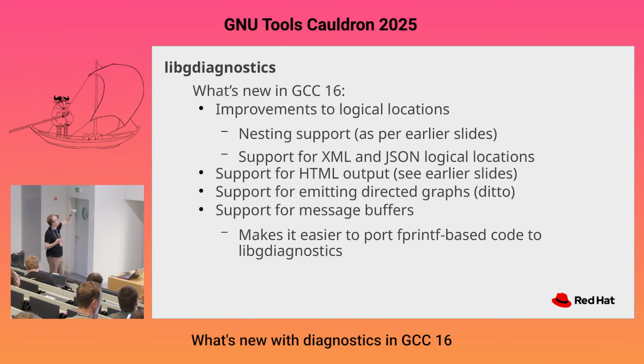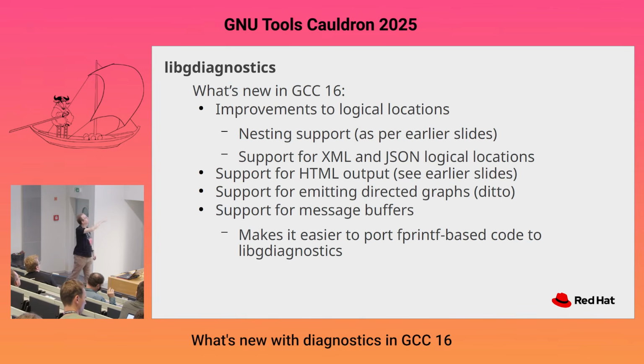You can now express logical locations, like I was talking about with namespaces versus classes. You can now talk about XML elements, attributes, JSON objects, JSON arrays. So if you want to complain about a problem in a JSON data file, you can express, like, a JSON path. Again, you can do HTML output from this. You can make directed graphs.